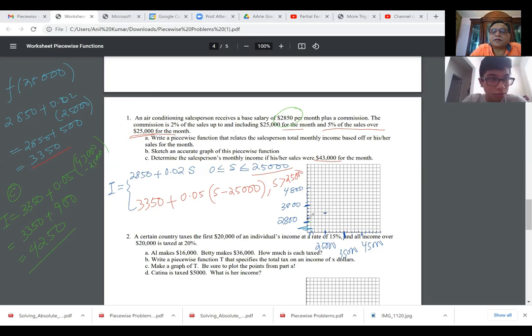And so this is the value. So that is the one maximum first leg. And now it'll be steeper. So at the last value you can put 4250, for example. We calculated for 43,000 the income 4250.